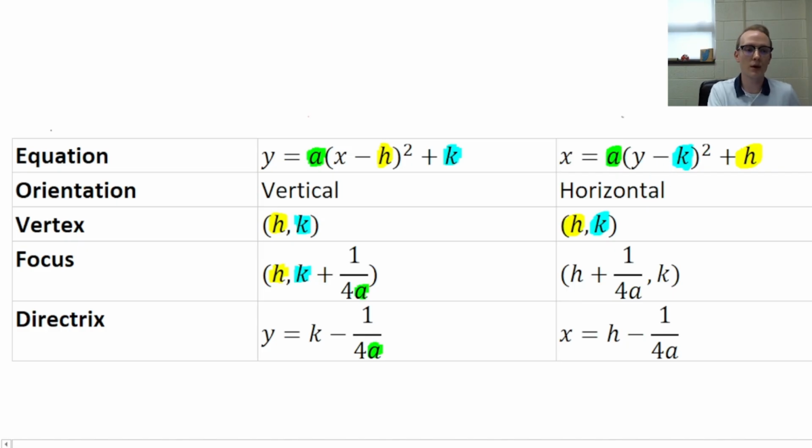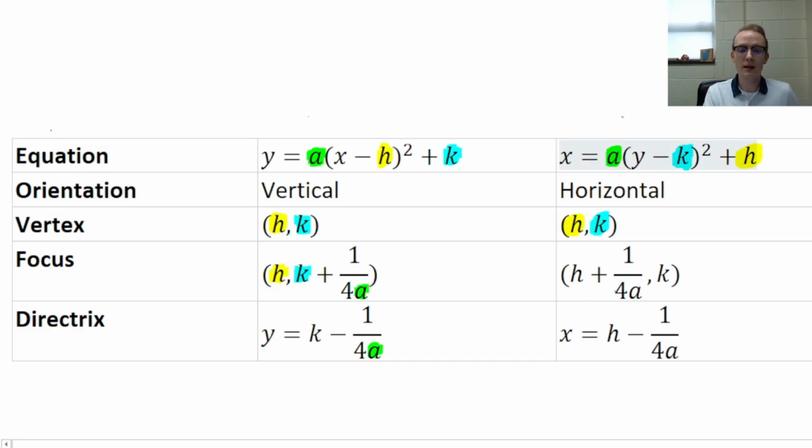So if it were, say, y minus 2 in parentheses squared, then your y-coordinate of your vertex would be positive 2. If it were y plus 2, well, that's like y minus negative 2. So then it would be negative 2 for the y-coordinate of your vertex.